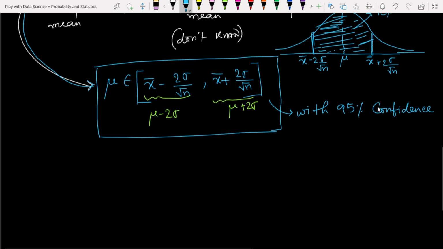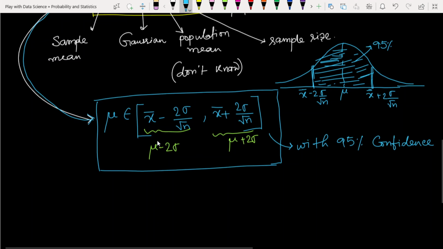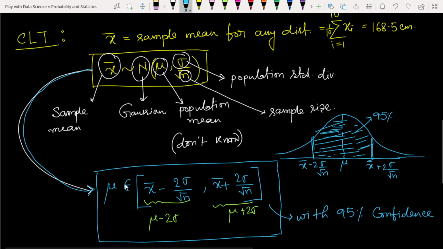I think you got some idea how the population mean is estimated on those intervals.